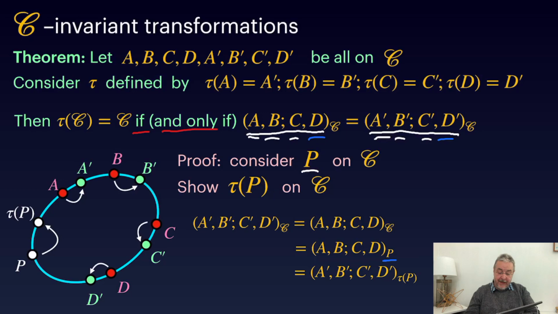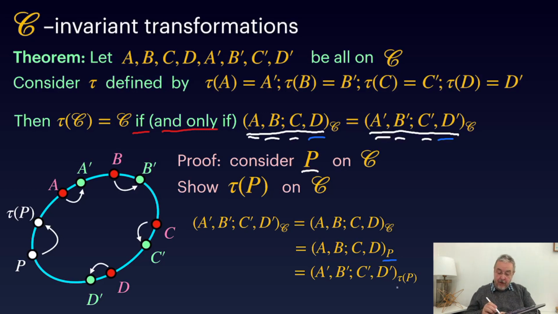And now we only have to read this equation. So what happens is we have our points A prime, B prime, C prime, D prime, and we have their specific cross ratio with respect to the conic. And we know that a point is on the conic if and only if it sees these points under that specific cross ratio. And this is what we just proved that happens here.